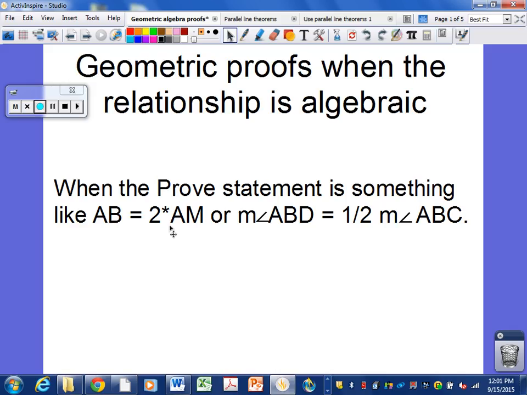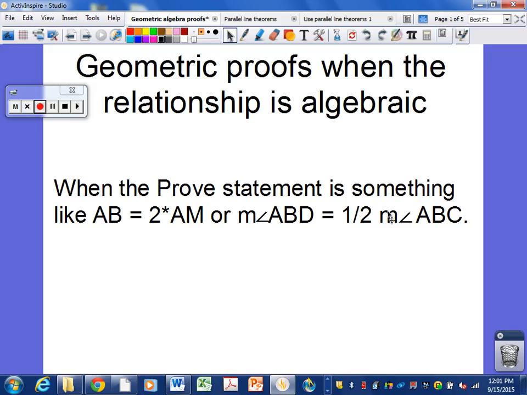This is an algebraic relationship where one is 2 times the other. Or a scalar multiplier, where the measure of this angle is half the measure of another angle. That is an algebraic relationship. One is 2 times the other, or one is half the other, or a third, or 7 more than, whatever. Those kinds of things are algebraic relationships.